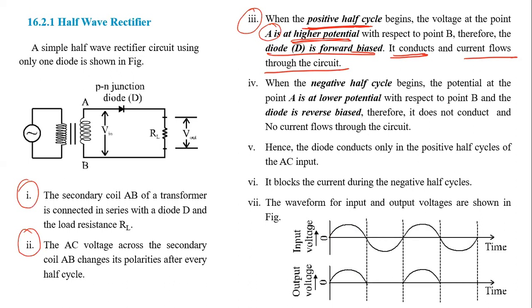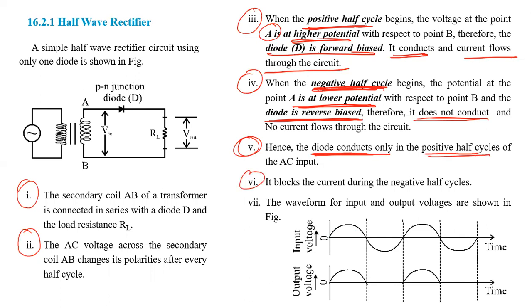For the negative half cycle, A is at lower potential with respect to B, so the diode is in reverse bias and does not conduct current. The conclusion is that the diode conducts only in the positive half cycle and blocks the current during the negative half cycle, and this is the input-output waveform.